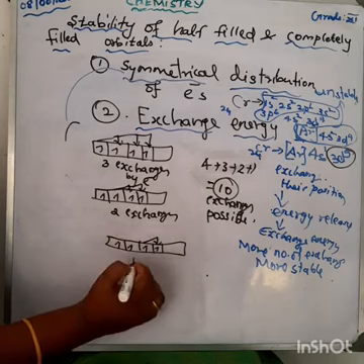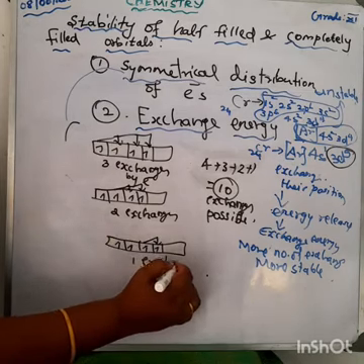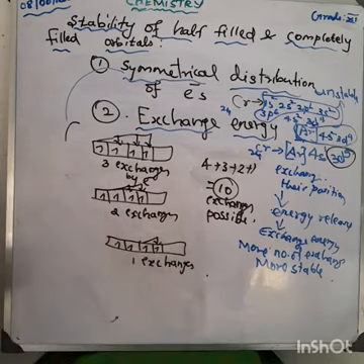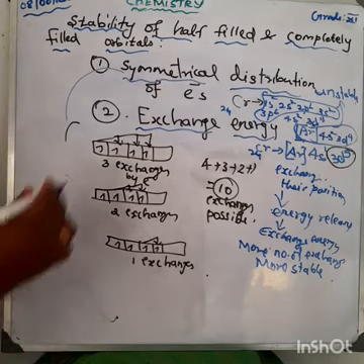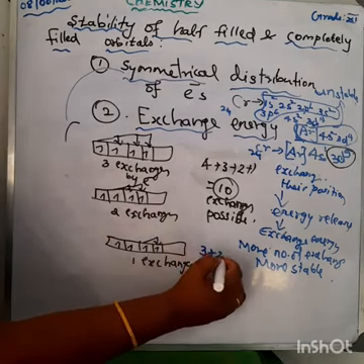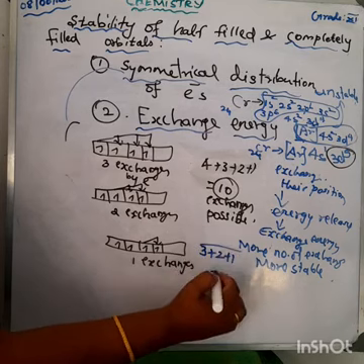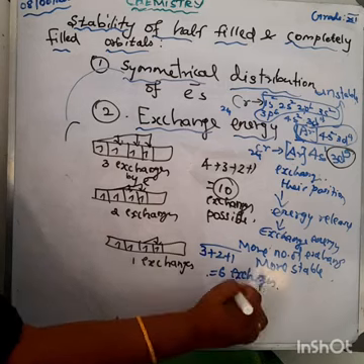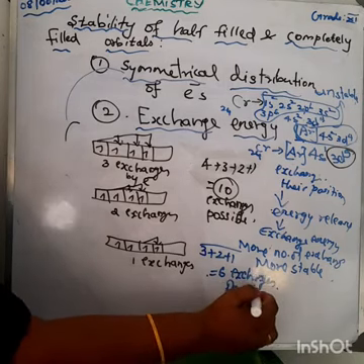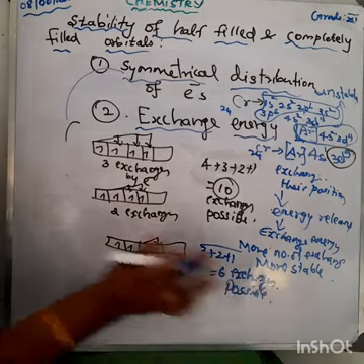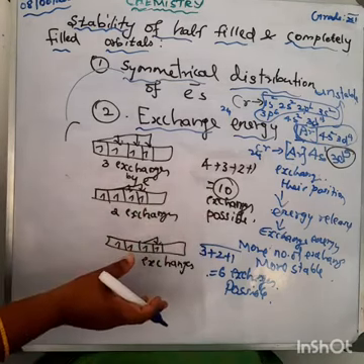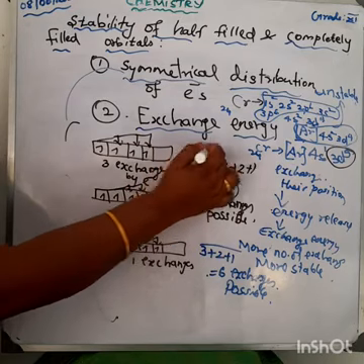So the total is 3 plus 2 plus 1, equal to 6 exchanges only for the partially filled configuration. So it releases less energy than the half-filled orbital configuration.